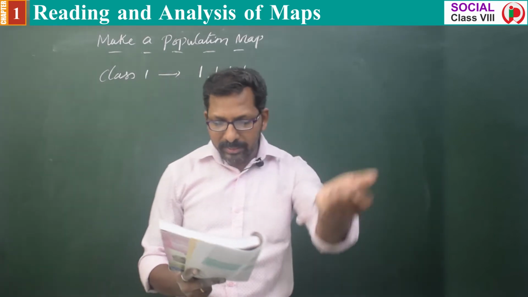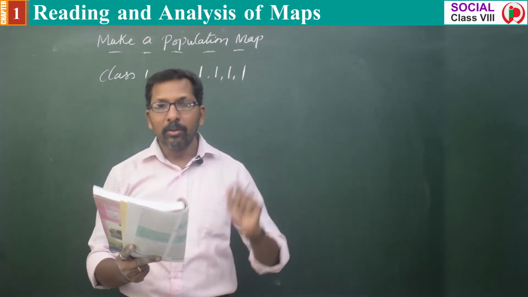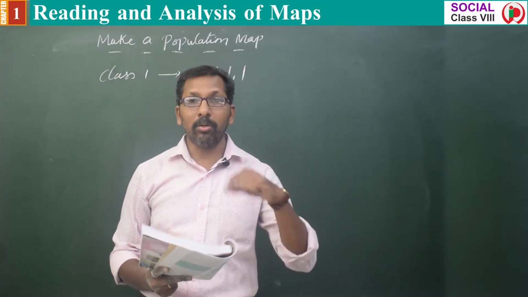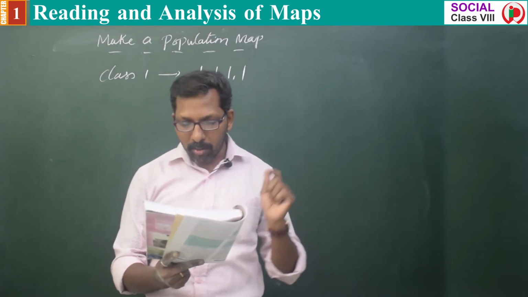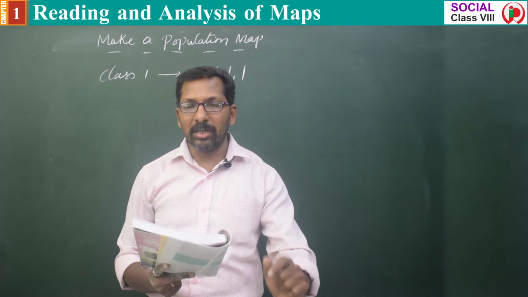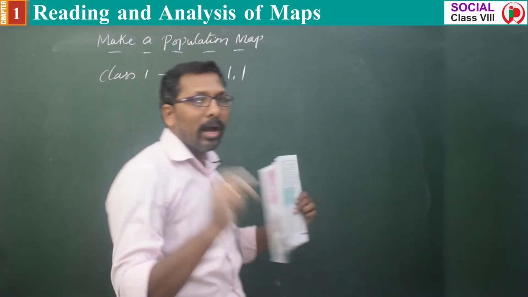So population can also be shown on a map through shading. These are called population density maps. For example, I'll draw a map.